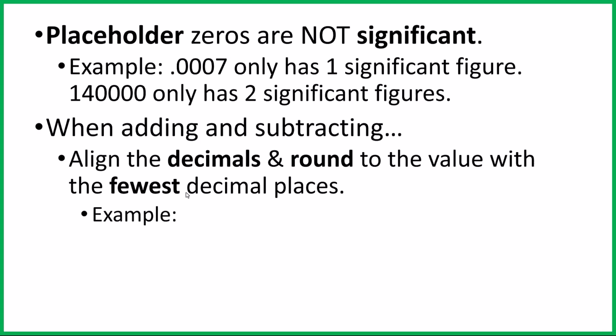But if you have 1.0 for one measurement, and you're adding that to another measurement that is 2.00007 or something like that, that second measurement is significantly more precise. But we can't change that first measurement to be as precise as the second. So we need to reduce our level of precision to whatever the lowest number of significant figures is.